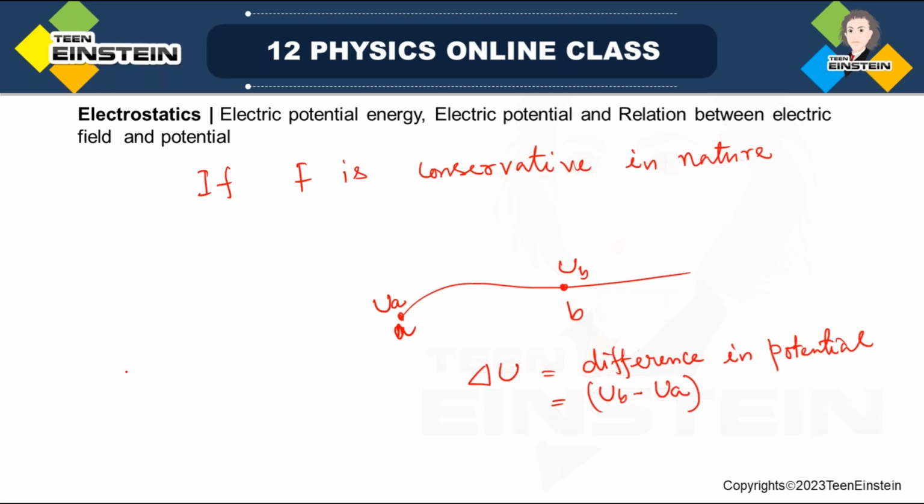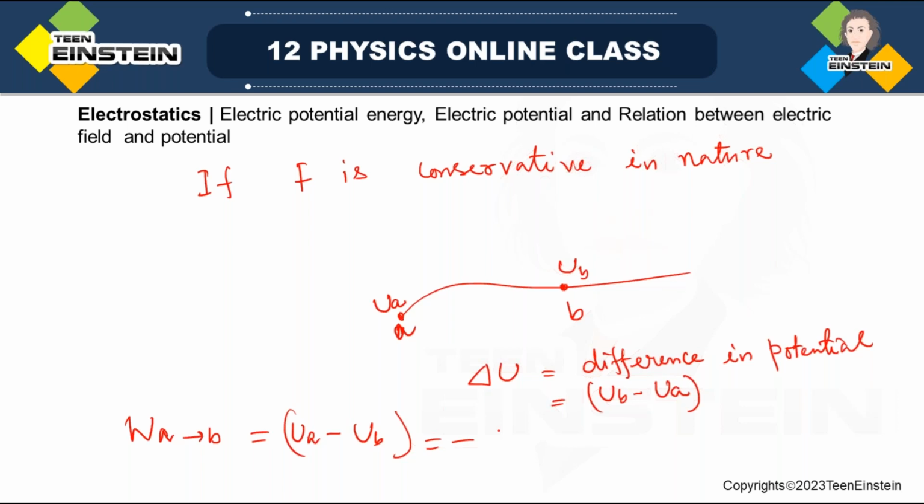We have seen work done from A to B already, and this could be related to the potential energy, UA minus UB.